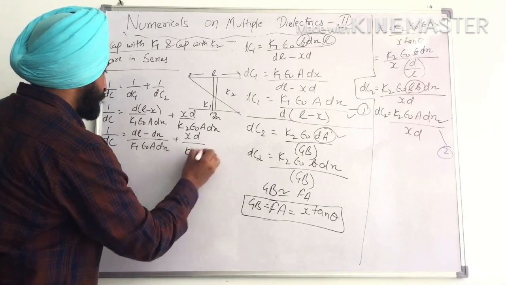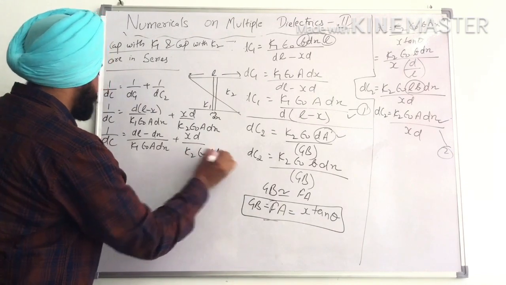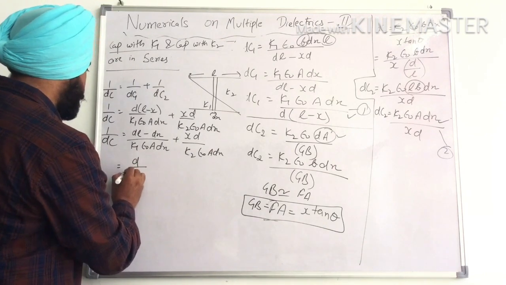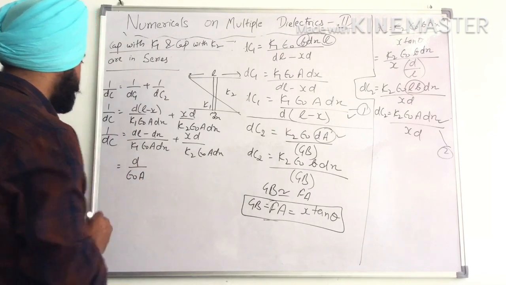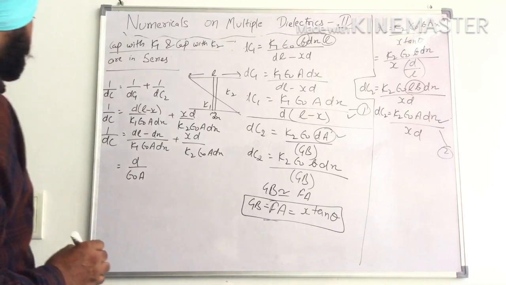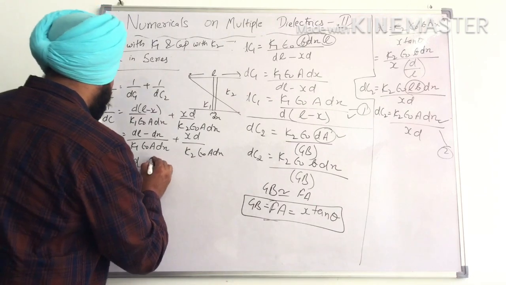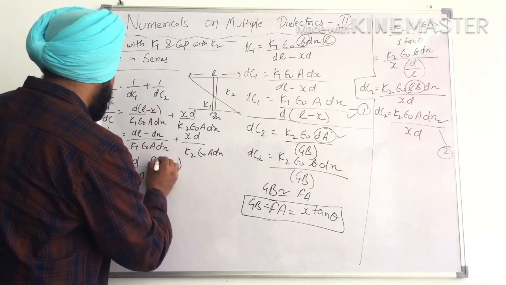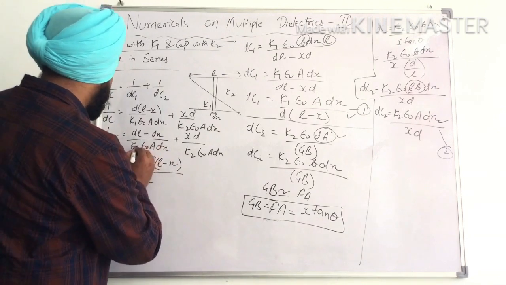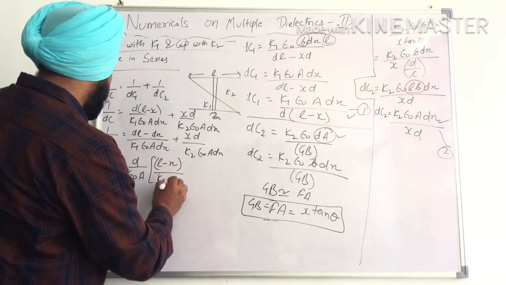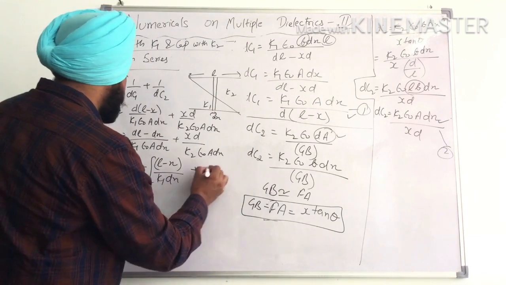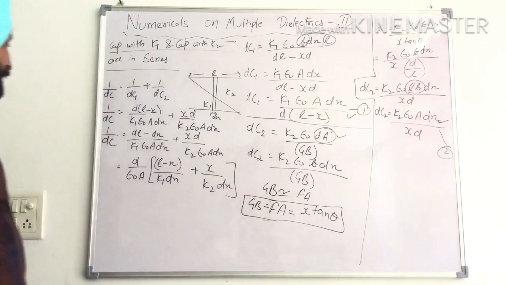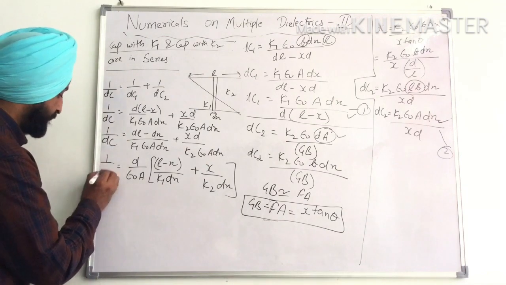Similarly, xd over K2 epsilon naught A dx. d by epsilon naught A, these can be taken as common, and we will be left with L minus x over K1 dx plus x over K2 dx. Is it okay? So this will be our 1 by DC.